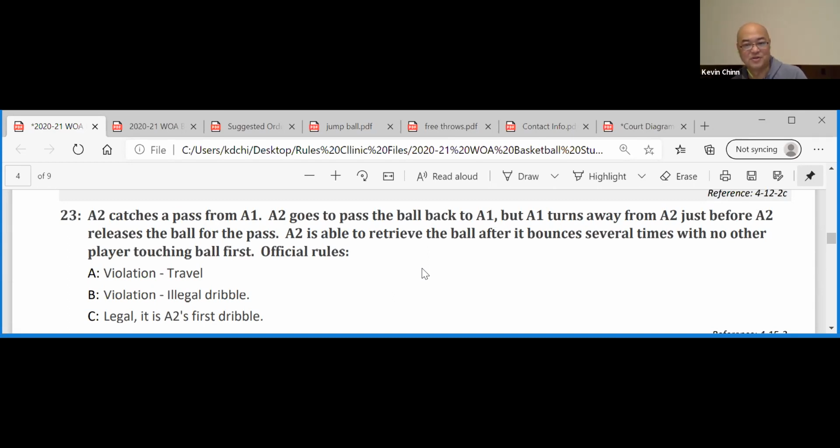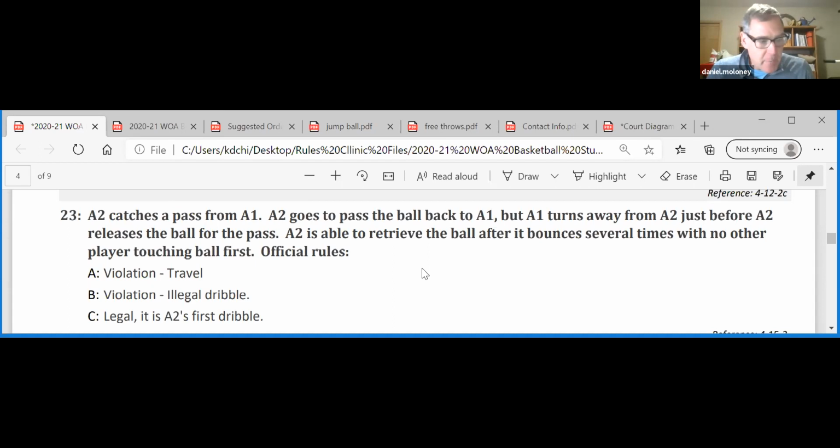So now the ball's bouncing, and he runs and gets it. Oh. Okay. If he picks it up, stops his momentum, and then dribbles from that point, is that a double dribble? Yes. Good question.